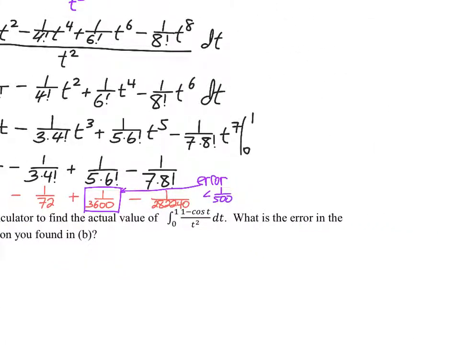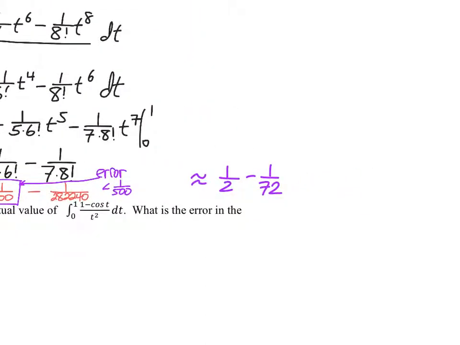My approximation would be 1/2 minus 1 over 72. In fraction form, that's 35 over 72, which is approximately 0.486.